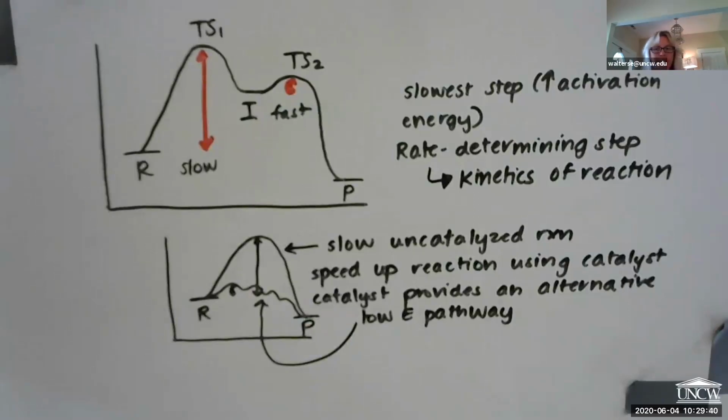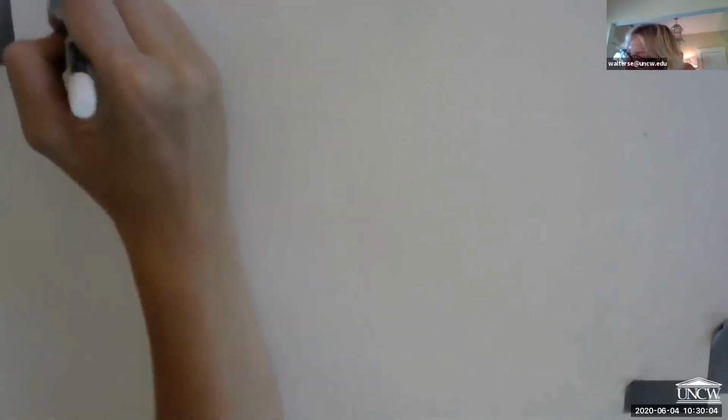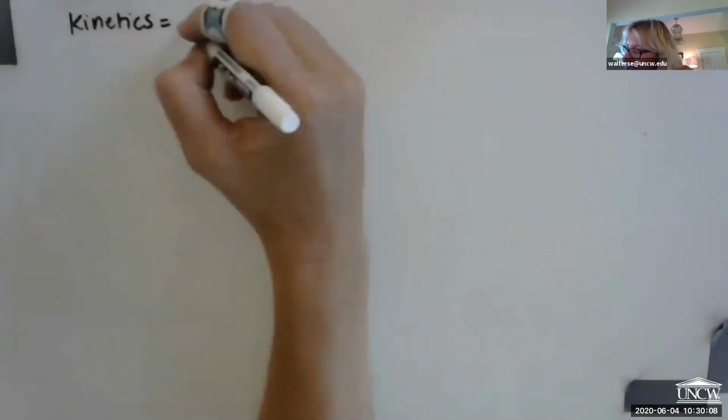Are there questions at all about any of the thermodynamics review before we do a little kinetics review? So when you look at kinetics, kinetics is the rate of the reaction.